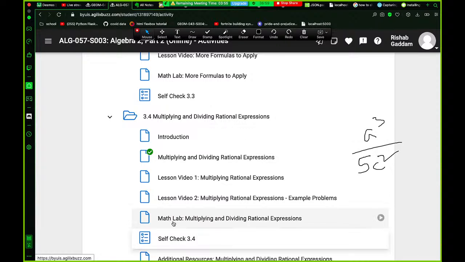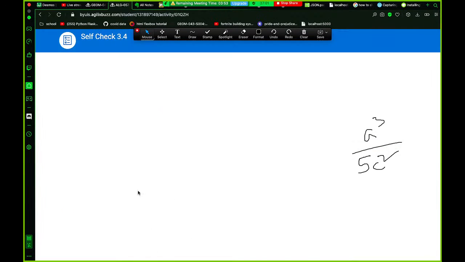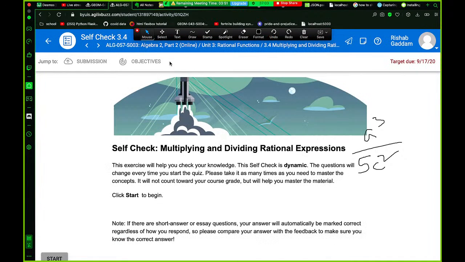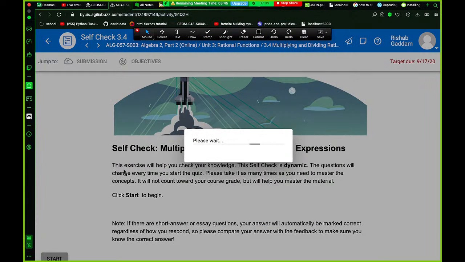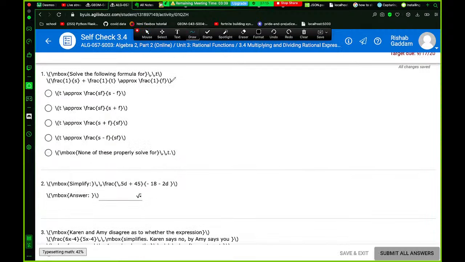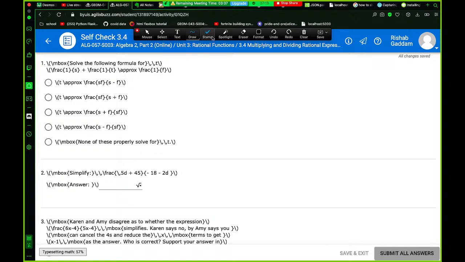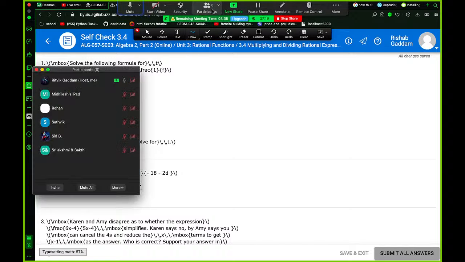Okay, self-check 3.4. Let's clear the screen first of all. Okay, so first problem, who wants to do this one? If you want to do this one, then raise your hand in the chat, in the participants list.